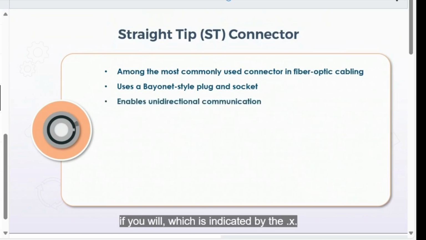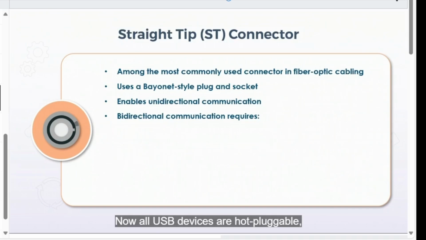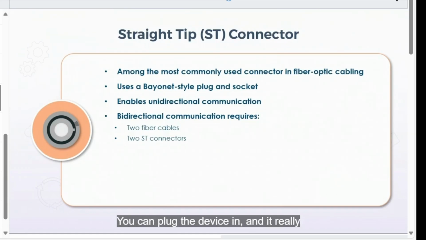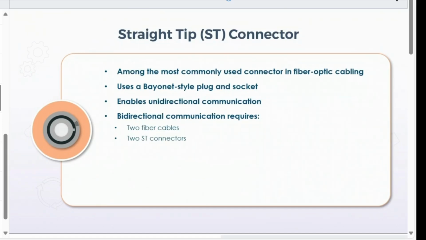Now, this provides only for unidirectional communication, meaning that for bidirectional communications, 2 cables and 2 connectors on each end are required. Now, that said, in many cases, each unidirectional cable is still enclosed within a single outer casing, so that from our perspective, there is only a single cable, but there would still be 2 connectors at each end.